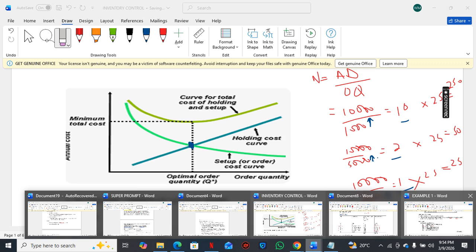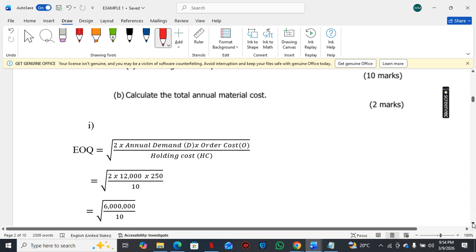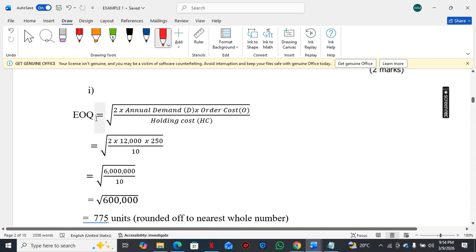Okay. So, if we come back to our question here, calculate the economic order quantity. This is the formula for the economic order quantity. It's the square root of 2 multiplied by your annual demand, multiplied by your order cost, divided by your holding cost. Our annual demand, 12,000 units.